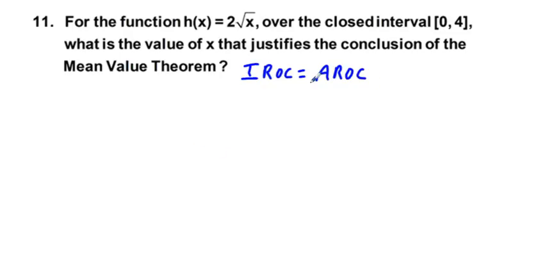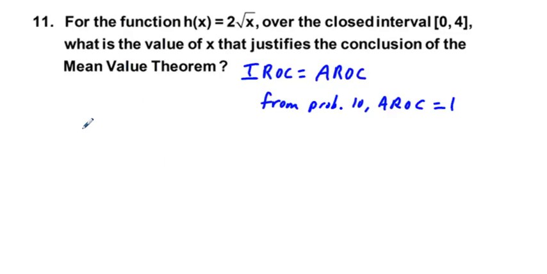But A-ROC, okay, one of the students asked me, from problem 10, A-ROC is equal to what? A-ROC is equal to 1. So these problems are really related, 10 and 11.